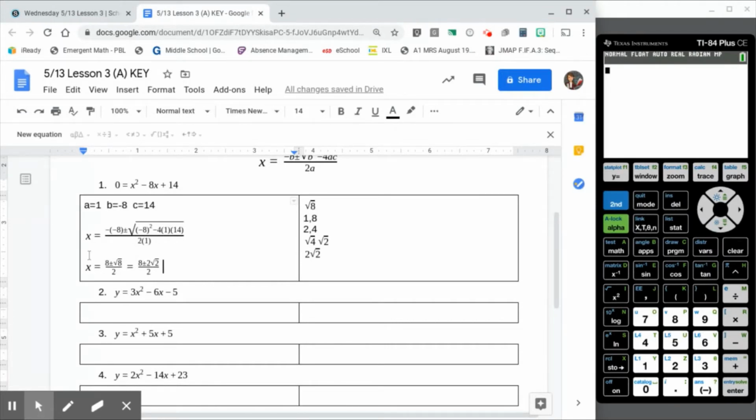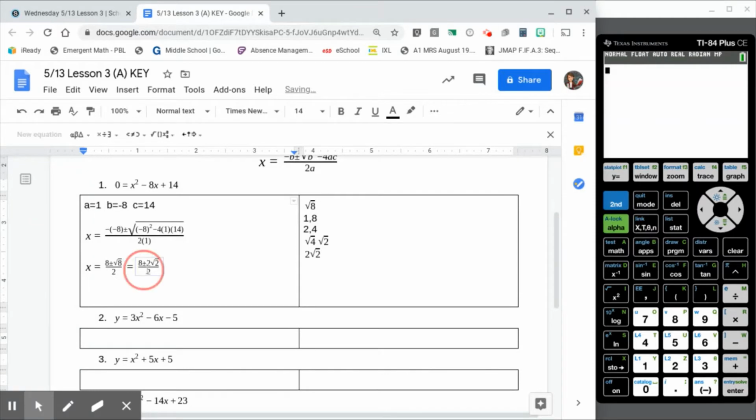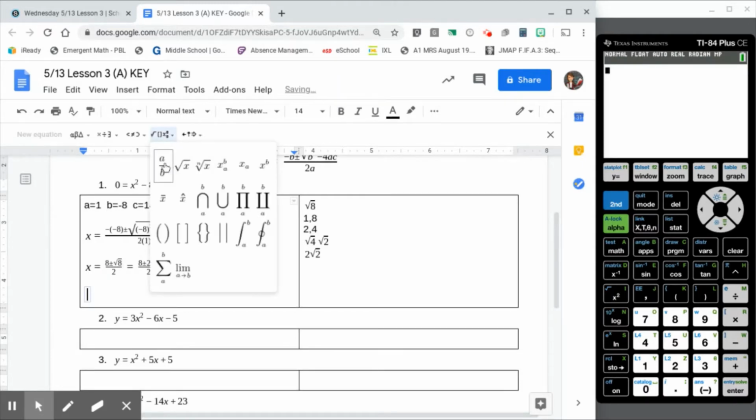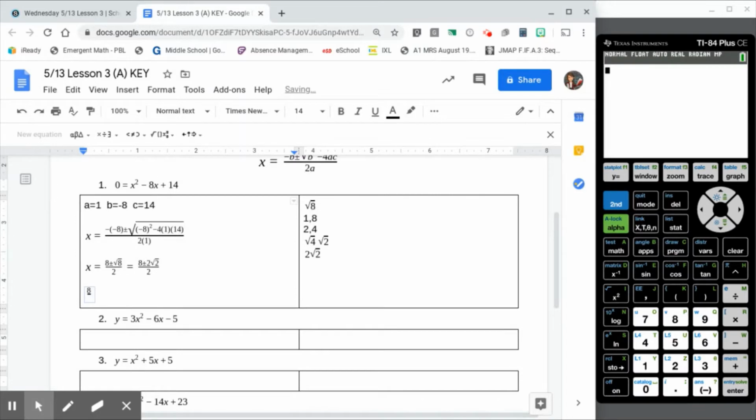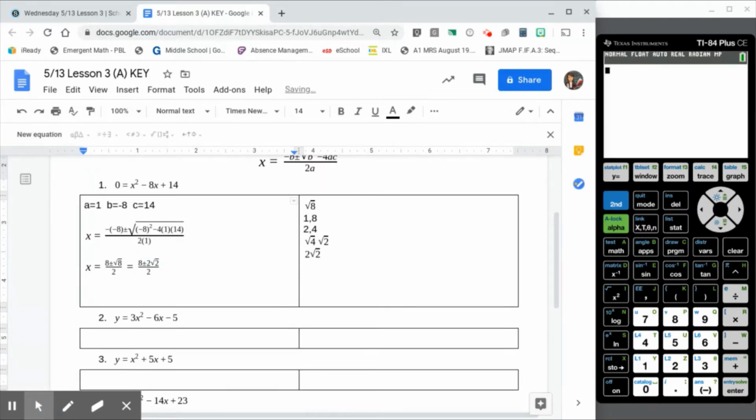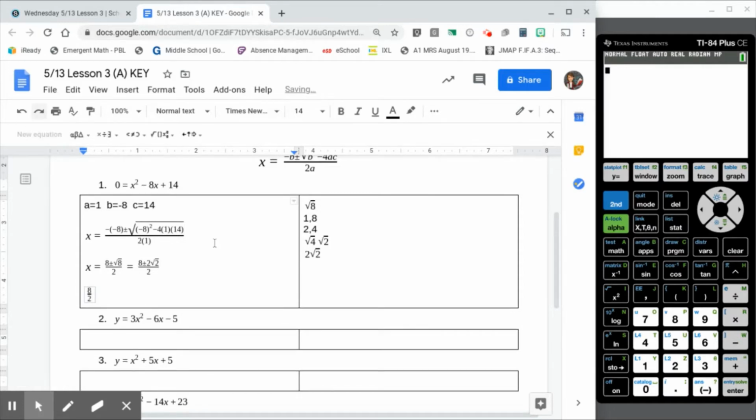Okay, so right now I'm going to split this fraction. I'm just going to write it first and then hopefully we'll make some sense of it. I'm going to split this fraction into 8 over 2. That's this piece right here, the 8 over the 2, and then plus or minus 2 radical 2 over 2.